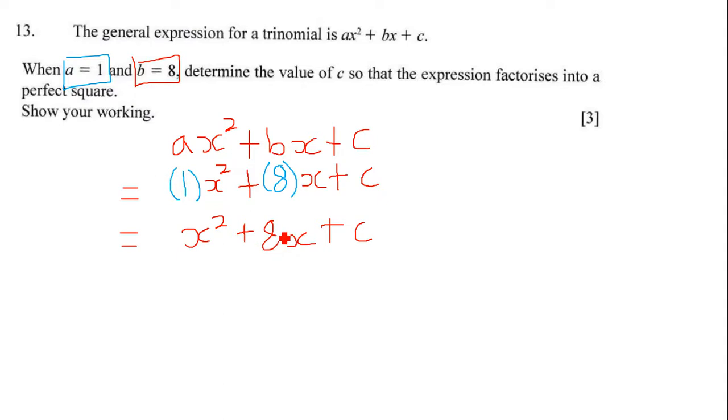Yeah. So what I'll do is I'll compare this, because this is 8x, to our formula. Remember, our formula says that once we have x squared plus 2 times a number times x, then it's going to be plus the square of that number, so a squared.